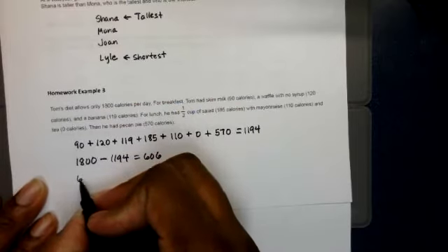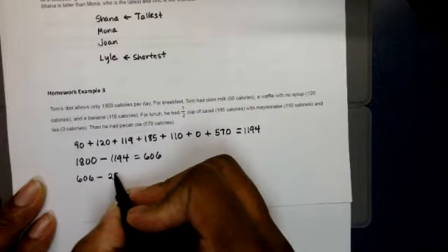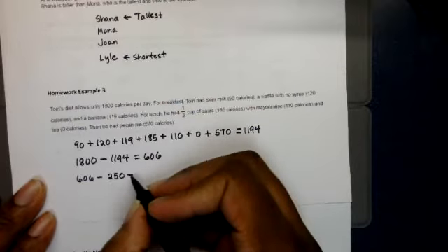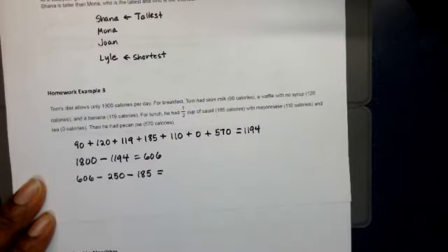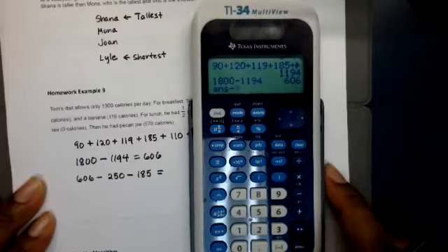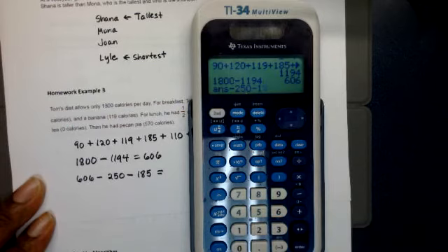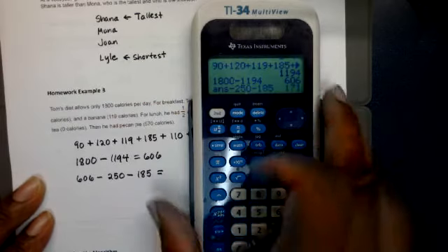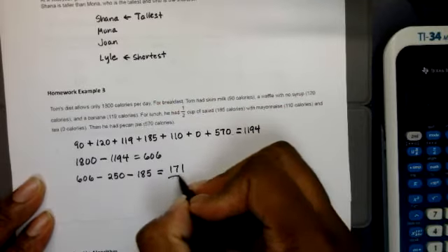So that means if I take away 250 calories for the steak, and 185 calories for the salad, this will be 171 calories that he has left to intake.